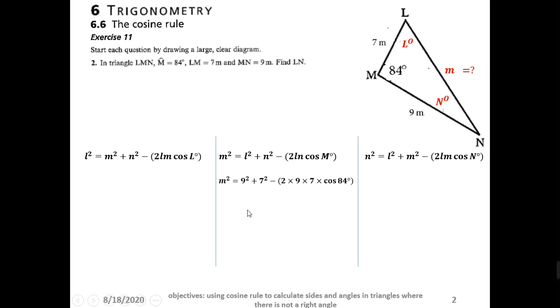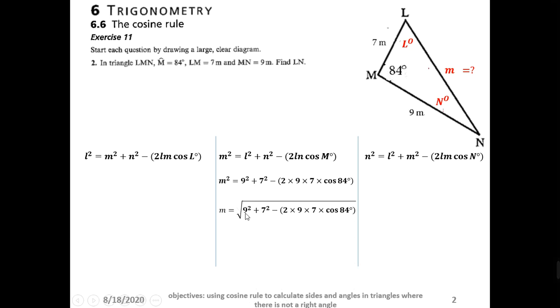So M squared, L is actually equal to 9. So it's going to be 9 squared. And small n is equal to 7. So it's going to be 7 squared minus 2 times 9 times 7 times cosine M, which is 84. Now, all we need to do to find M is square root each side.